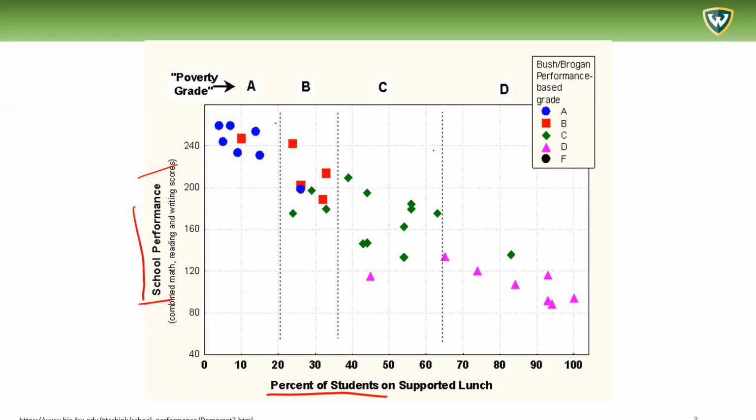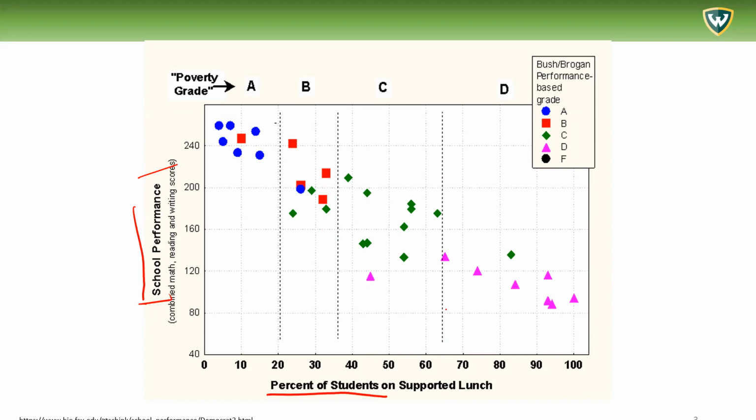It's just a third dimension, but we can ignore it for now and focus on school performance and percent of students on supported lunch. And each dot, or each square, or each triangle is a school.